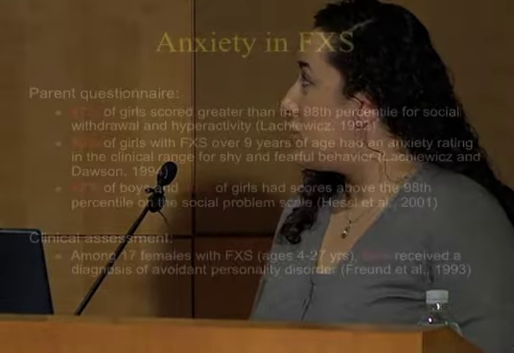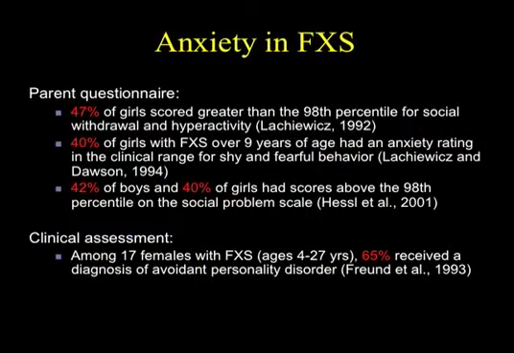And as far as the research on anxiety and Fragile X, Dr. Hessl talked about it being part of the behavioral phenotype, and it's been pretty well documented, with rates of about 40% using parent report questionnaires, that boys and girls with Fragile X experience clinical levels of anxiety, things like shyness, fearful behavior, and withdrawing from social situations.